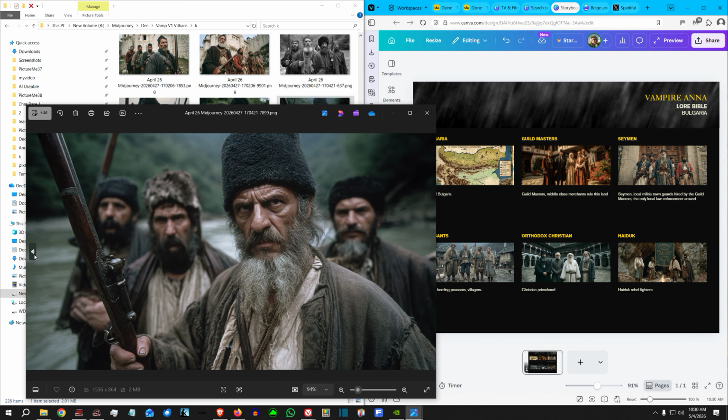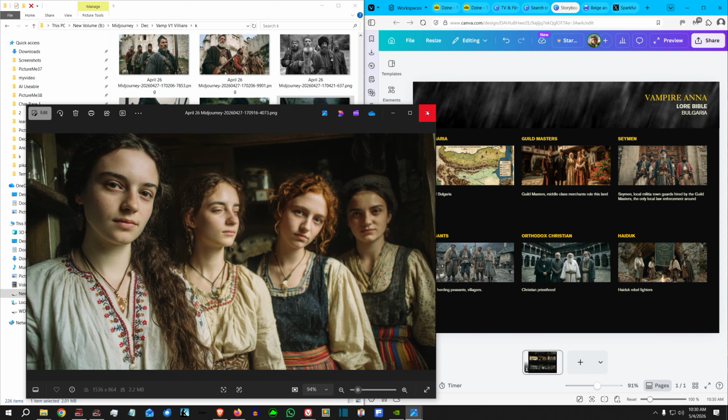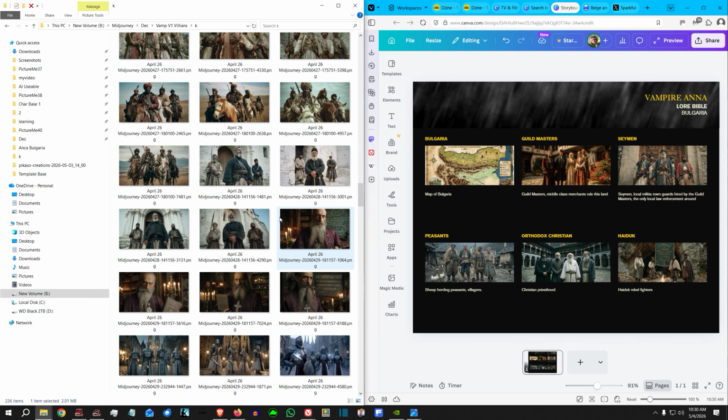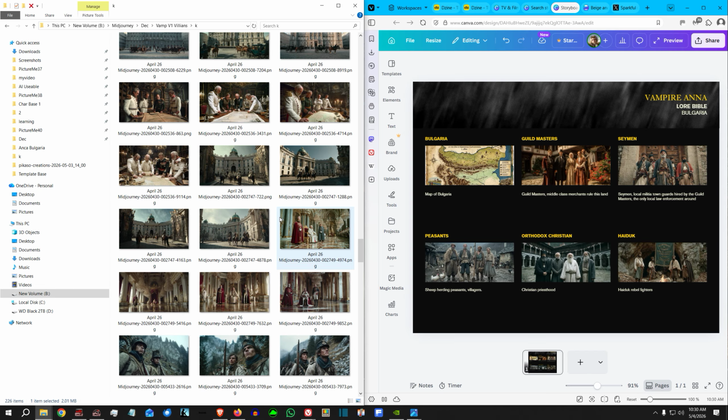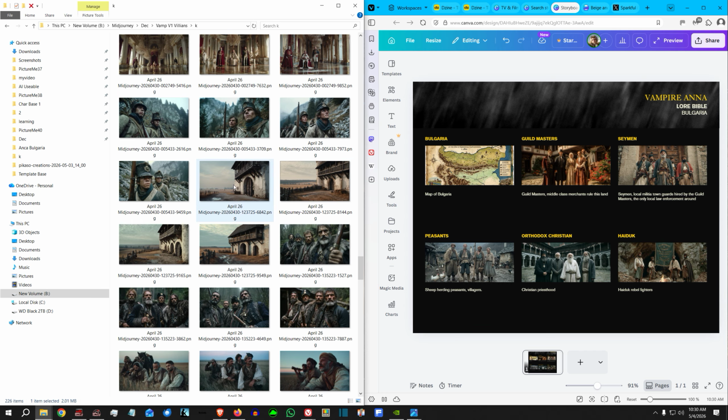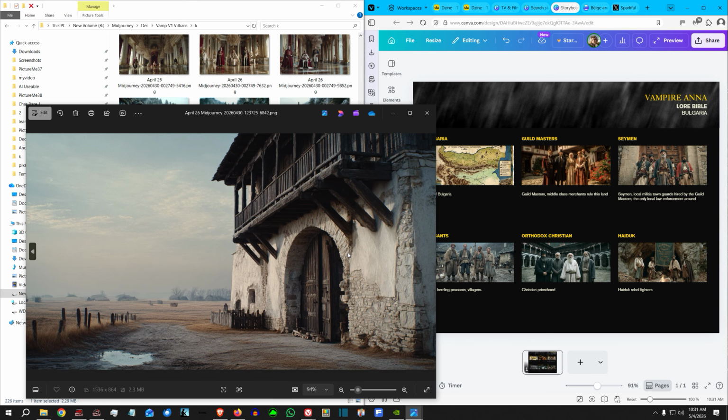And then the daughters, they work for a place called the Han in Wallachia. And Midjourney did a little bit of error here, but okay, this one is fine. There's only one door in a Han.